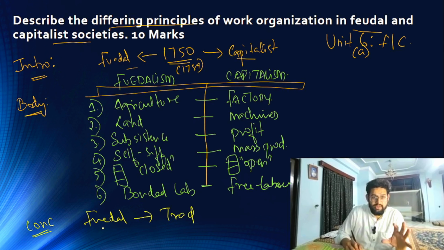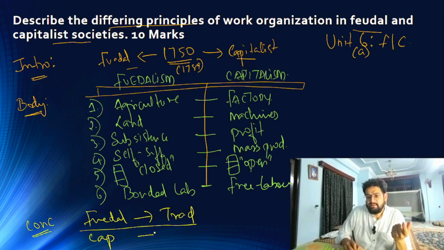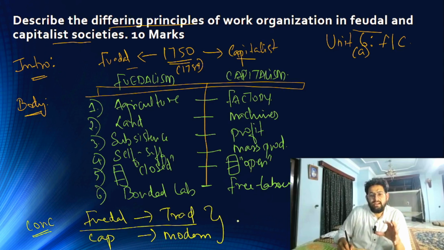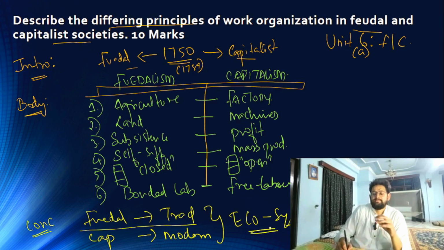Your conclusion will say feudal society is a traditional society, whereas a capitalistic society is considered to be a modern society. So here you will say in a contrasting manner, both of these are different kinds of work culture which are associated with economic systems.